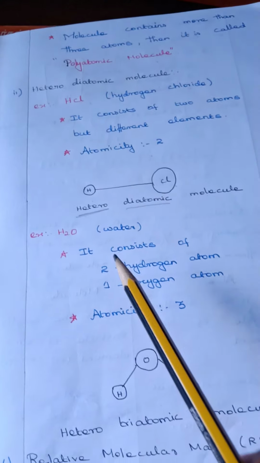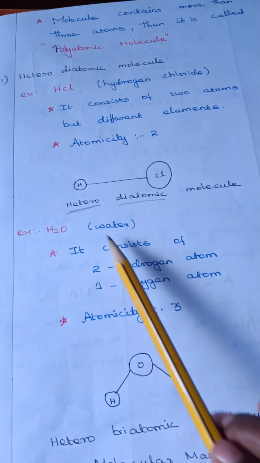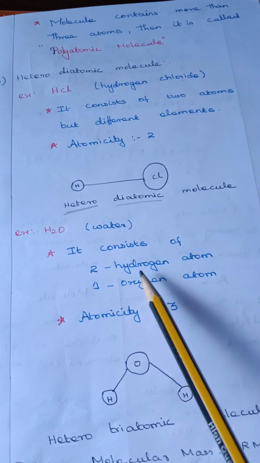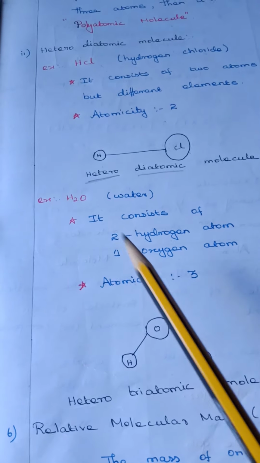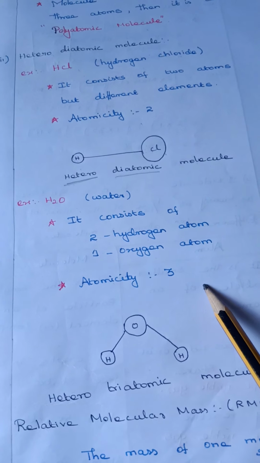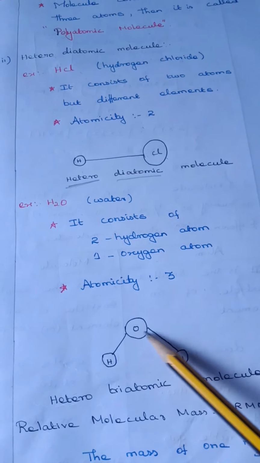The next one is water. The formula is H2O. It consists of 2 hydrogen atoms and 1 oxygen atom. Then the atomicity is 3. The structure is HOH.